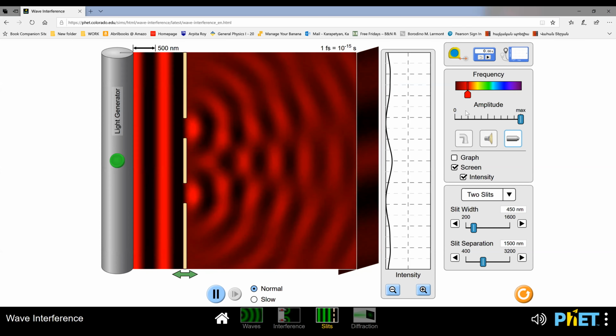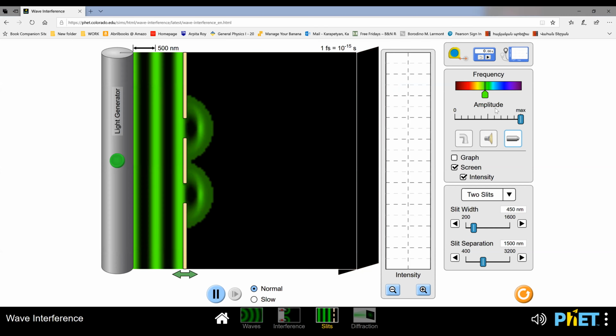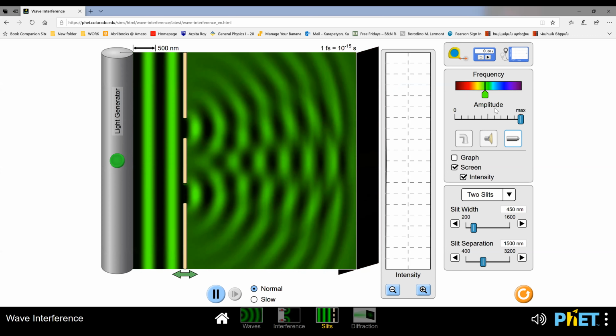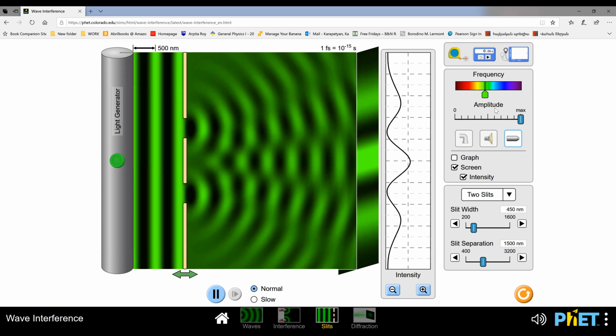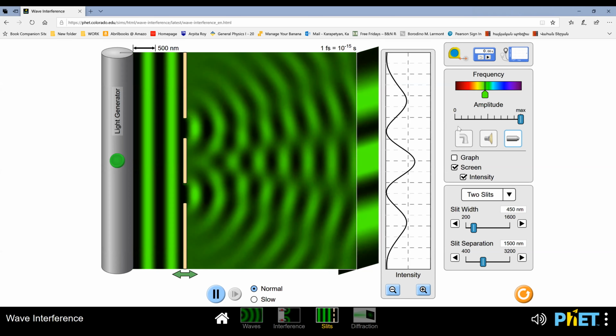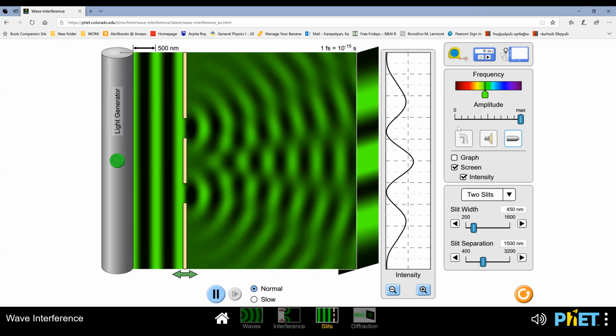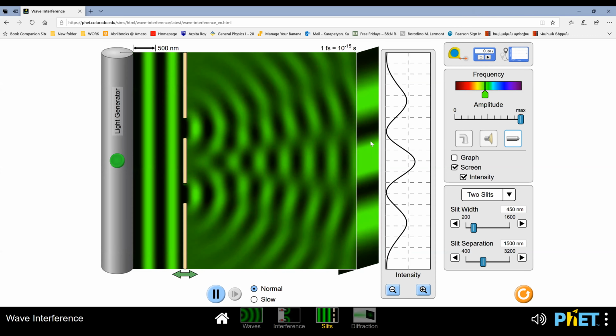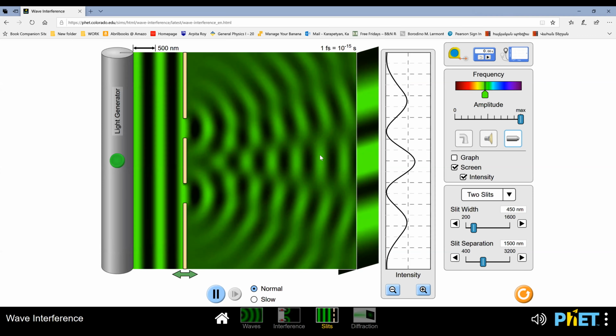This is true for different colors. You're going to see different positions for those bright spots because of different wavelengths, but you still see pretty much similar dark and bright fringes on the screen. All right, so I'll put this on Canvas for you guys to play with a little bit.